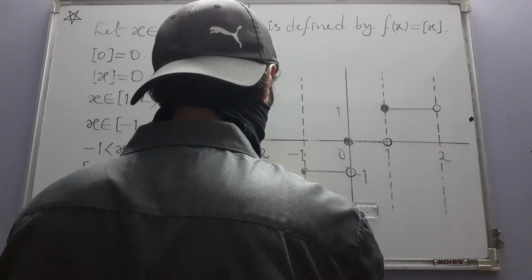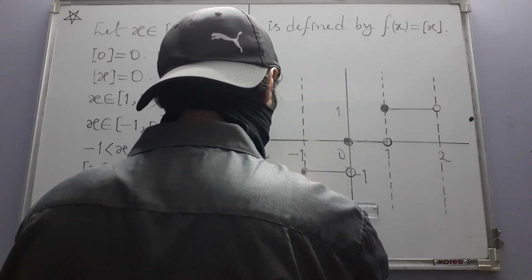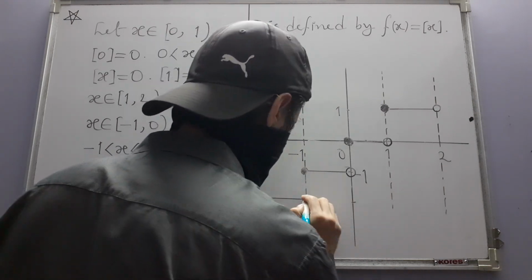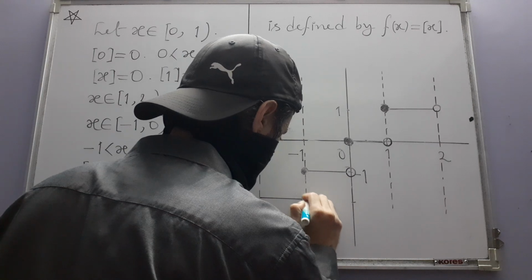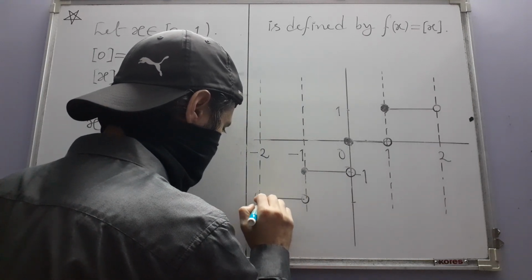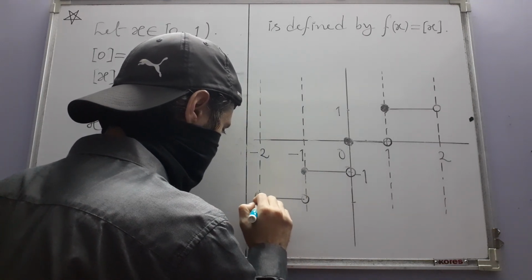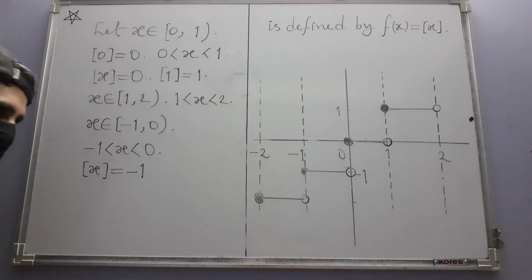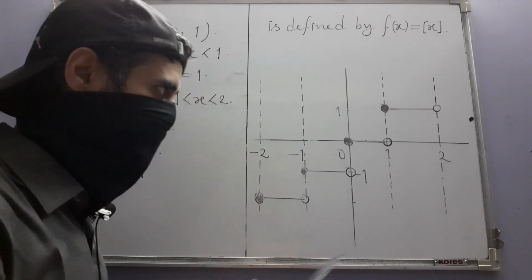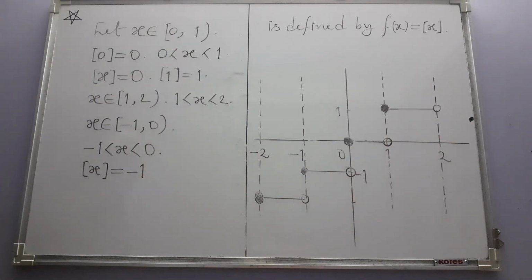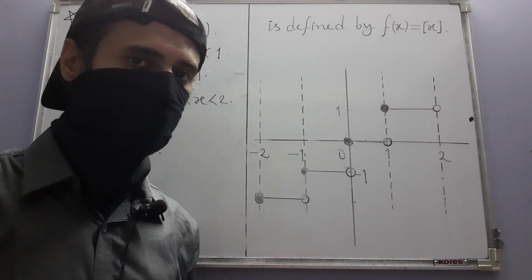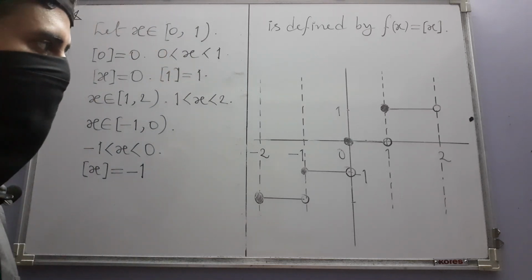Then in this part, the graph is again such a line segment. And it continues indefinitely on that side and on this side as well. So this is the graph of the greatest integer function or step function.